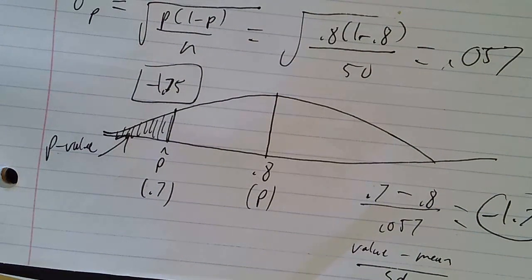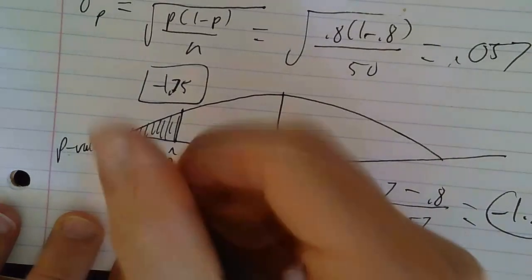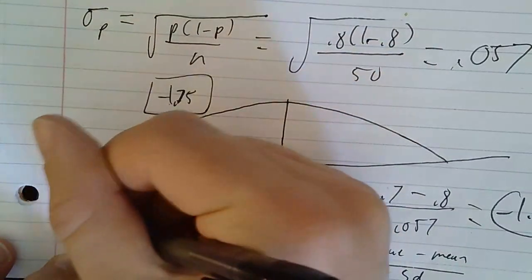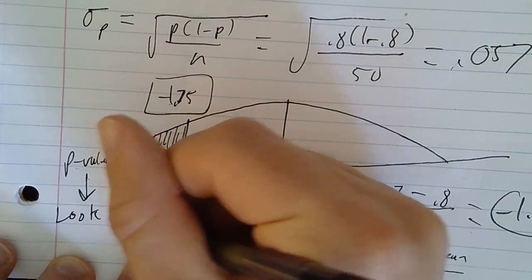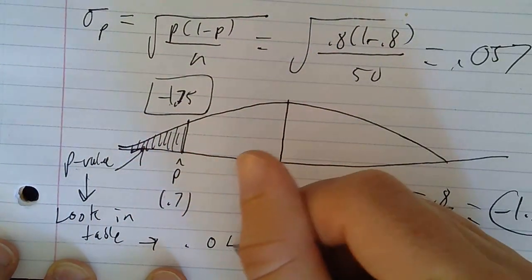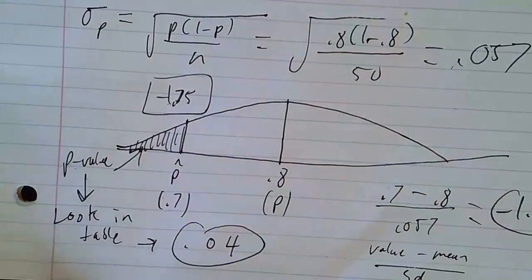I'm getting roughly 0.04. So my p-value, again looking in the table, is 0.04. Well, that's what I got.